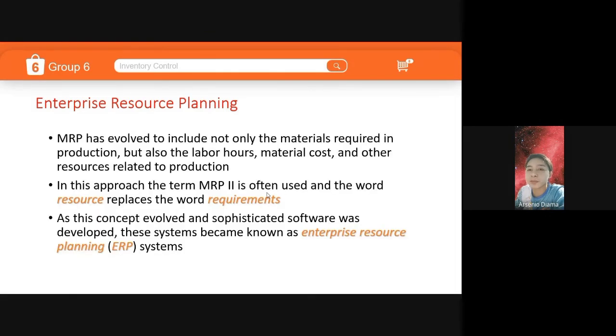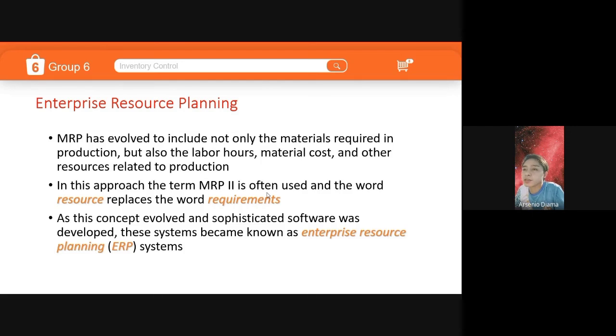Enterprise Resource Planning. MRP has evolved to include not only the materials required in production, but also the labor hours, material costs, and other resources related to production. In this approach, MRP II is often used and the word resource replaces the word requirements.